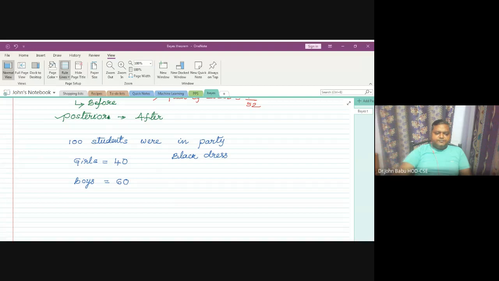Let us say out of 40 girls, 15 girls were wearing black. And let us say out of 60 boys, 25 boys were wearing black.